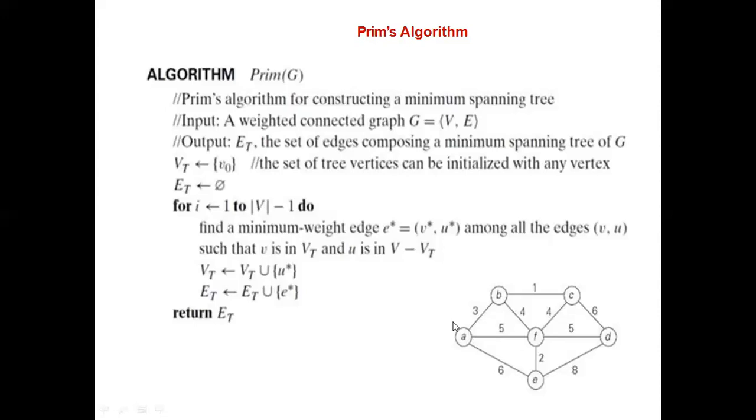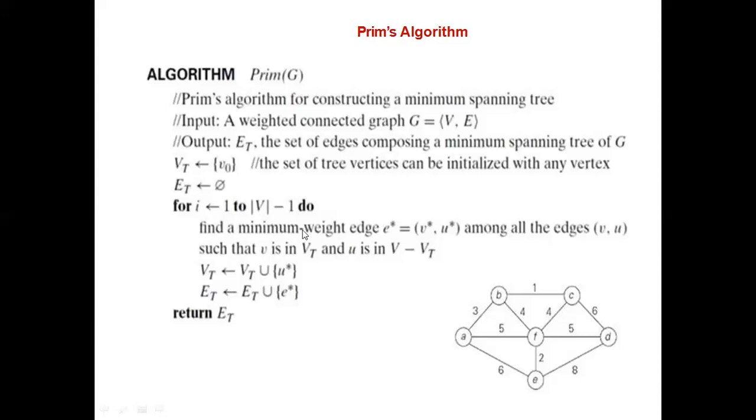Now in this case three possibilities are there: A B, A F and A E. In that, the minimum weight edge you select is your E star. That is A B, your E star.